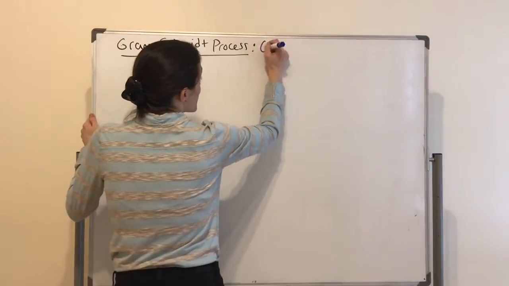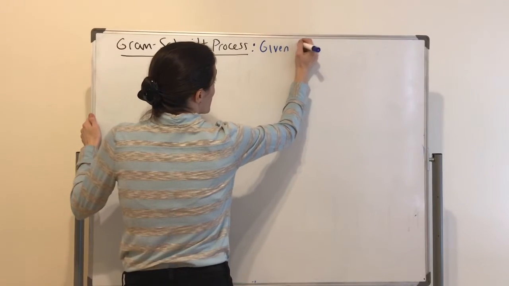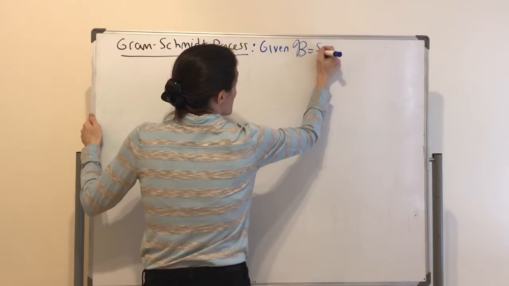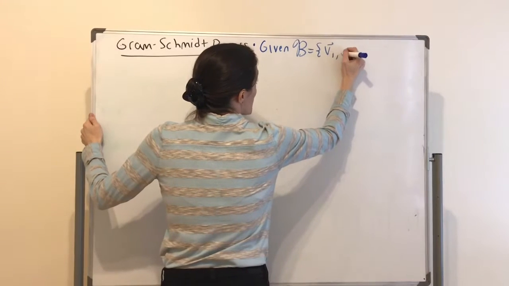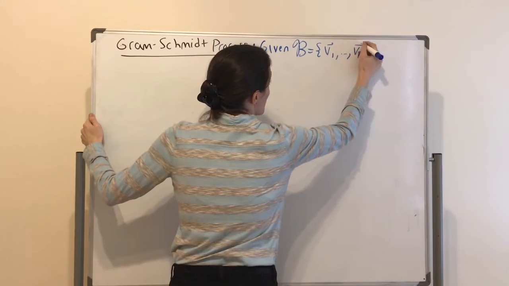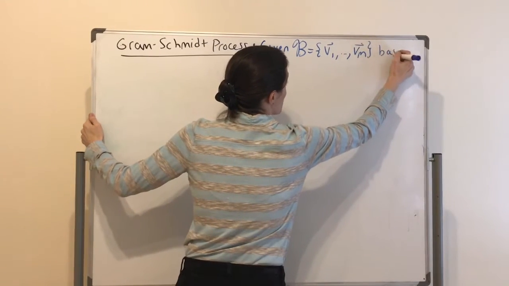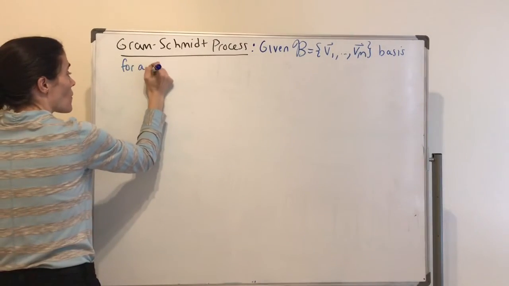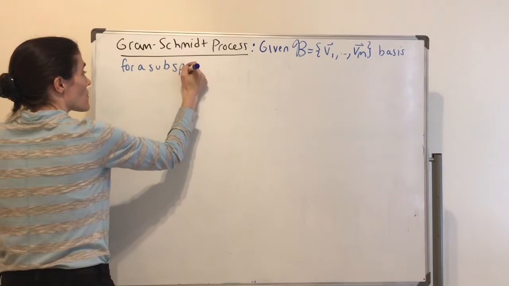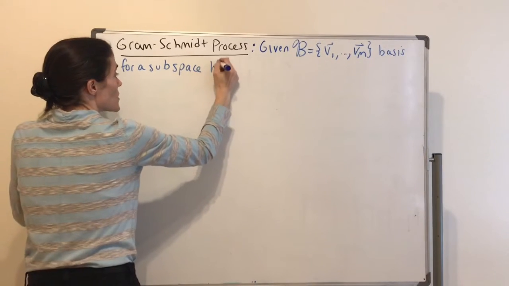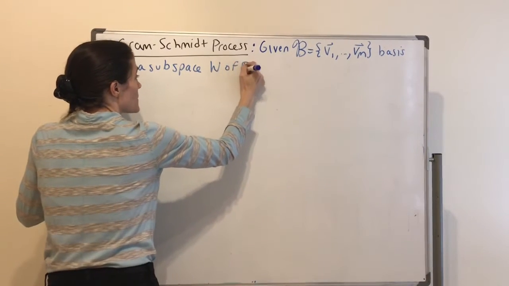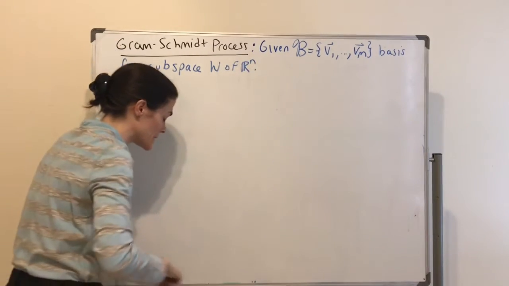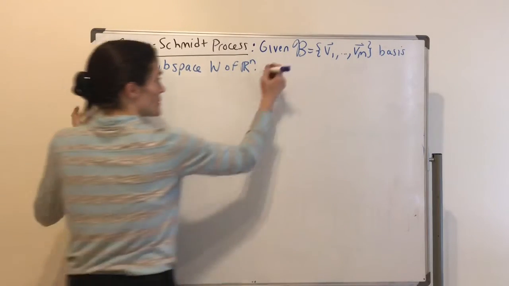Okay, so we are given a basis V1 to Vm, which is a basis for a subspace W of Rn. And then we will find an orthonormal basis.